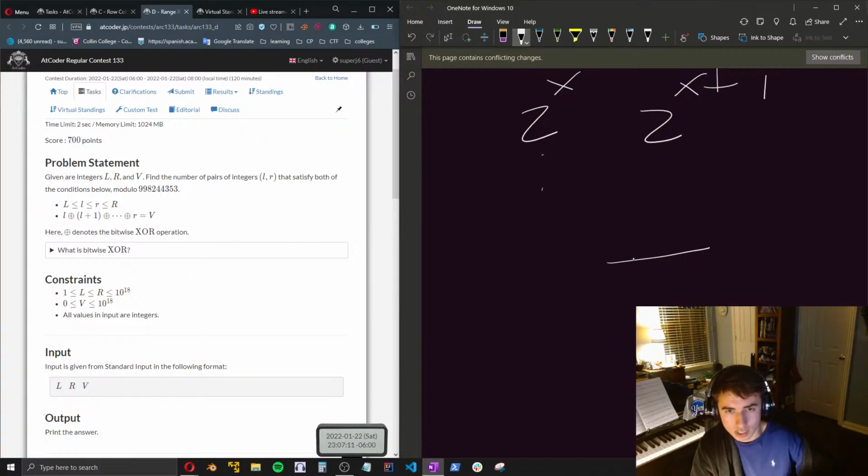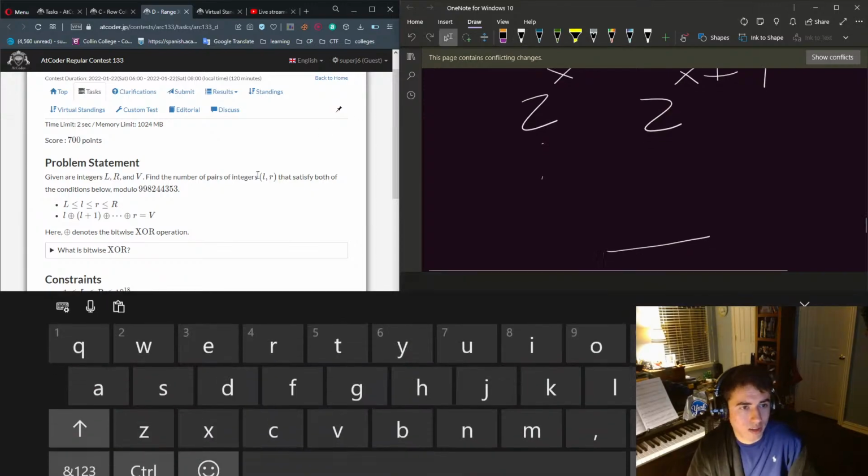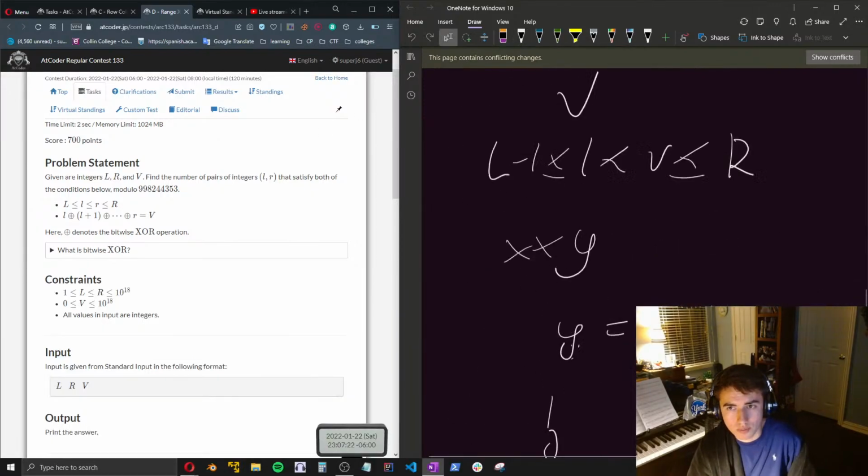Well, duh. The top bits are XORed, then the bottom bits are still the 2^x range. Okay, I think I can solve this one.